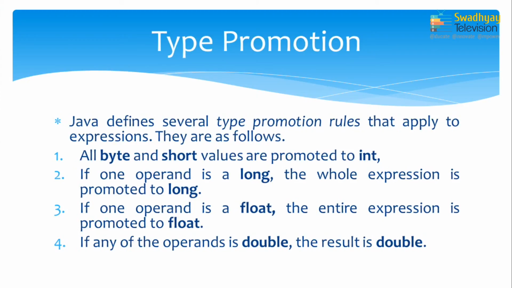But if there is one float operand, the entire expression is promoted to float, and if any of the operands is double, the result is double. That means double is the largest data type available in Java. So, double will override all the basic data types, float overrides the rest of the data types, and long overrides integer, short and byte.